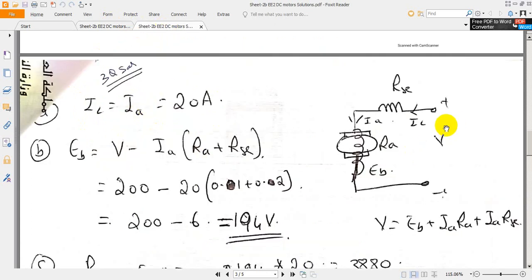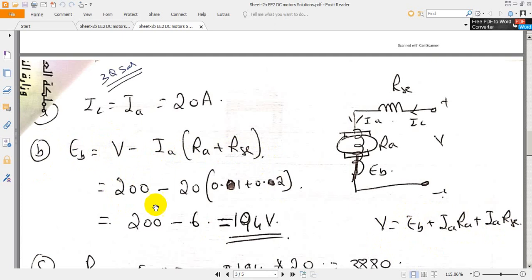The next thing is, if you apply Kirchhoff's voltage law here, V should be equal to IL Rse plus Ia Ra plus Eb. So we can write Eb is equal to V minus Ia times (Ra plus Rse). Actually V is equal to Eb plus Ia (Ra plus Rse), but we need to calculate Eb from here. Eb is equal to V minus Ia into (Ra plus Rse).